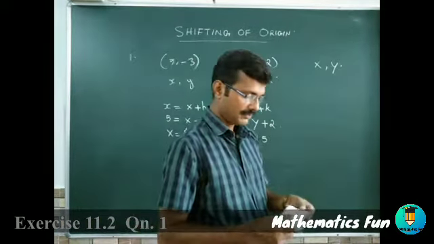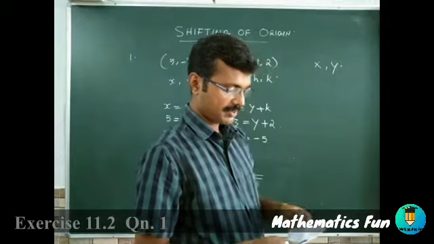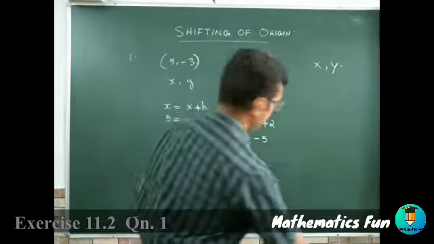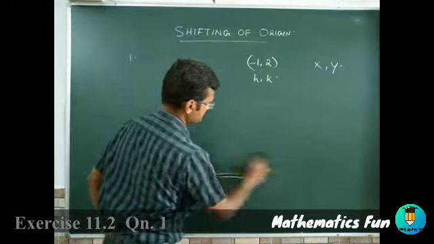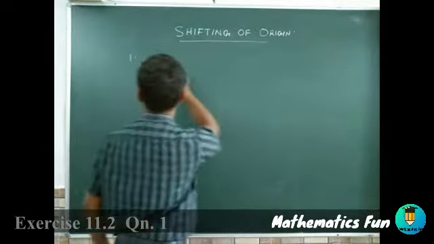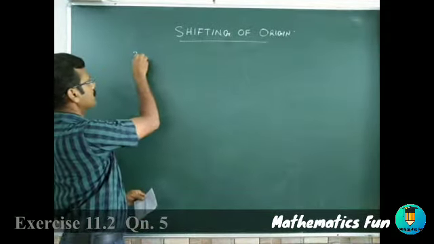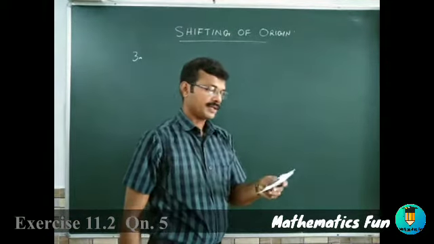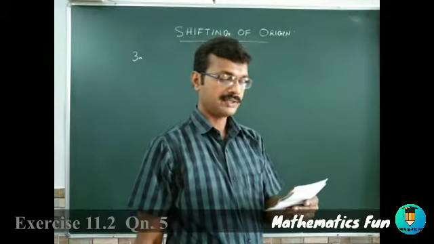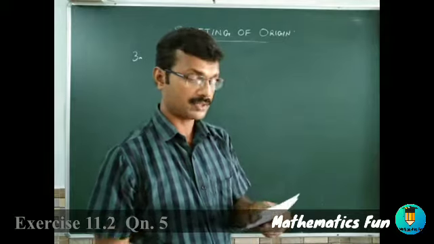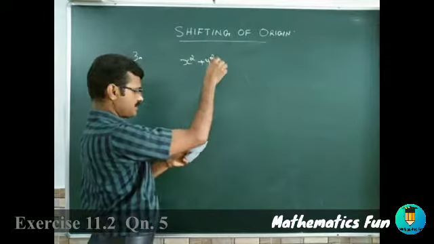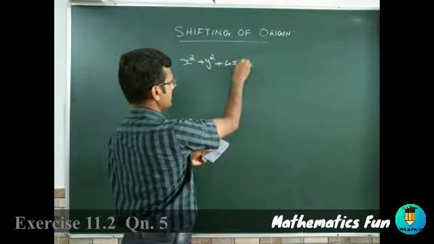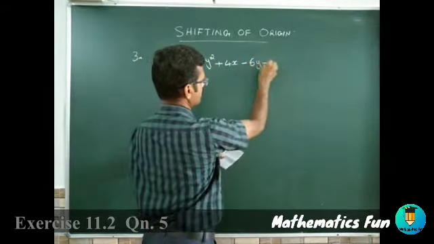Now we will do another question. Question number 3 we will do it. Here the question is, we have to find the transformed equation of the curve x square plus y square plus 4x minus 6y is equal to 0.